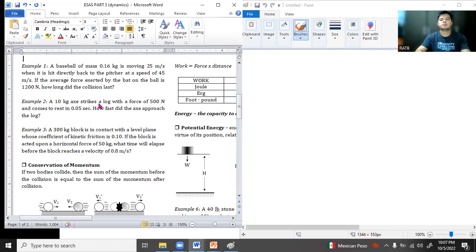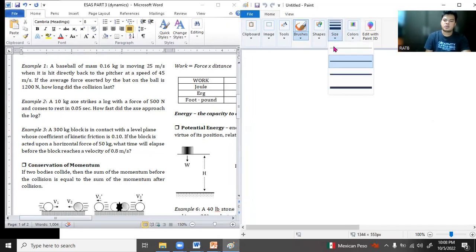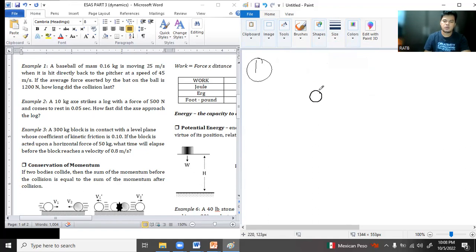So in example number one, we have a baseball and the bat.